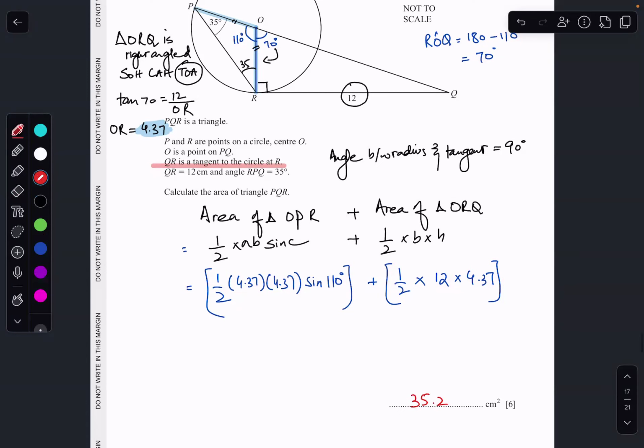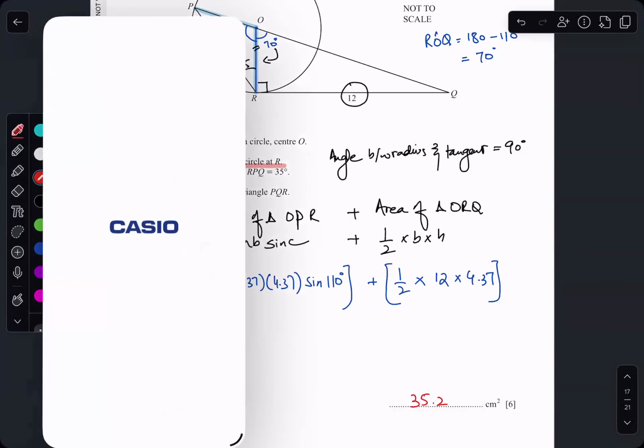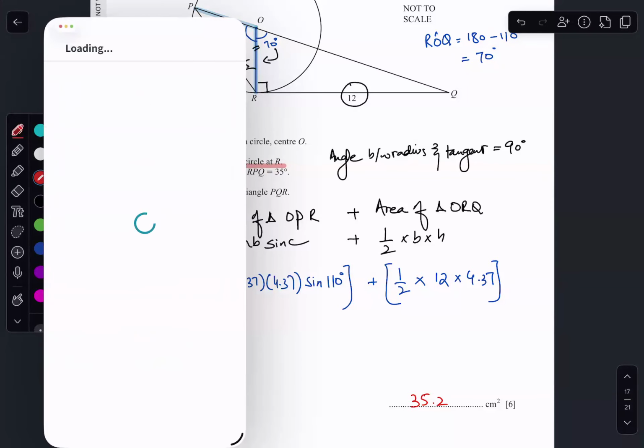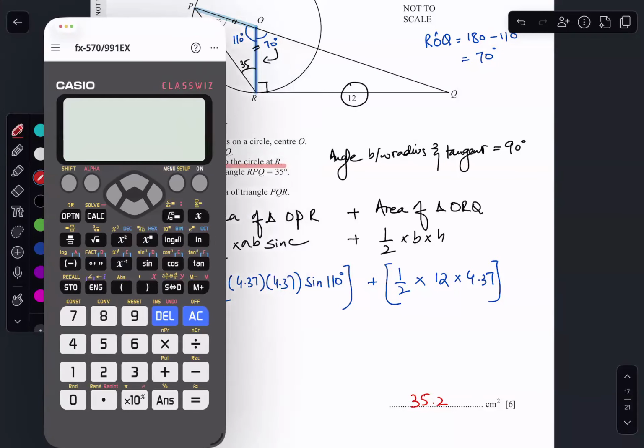Let me see if there is anyone who struggles with this calculation. Yes, Sarah, can you do that? Let me just do it over here.